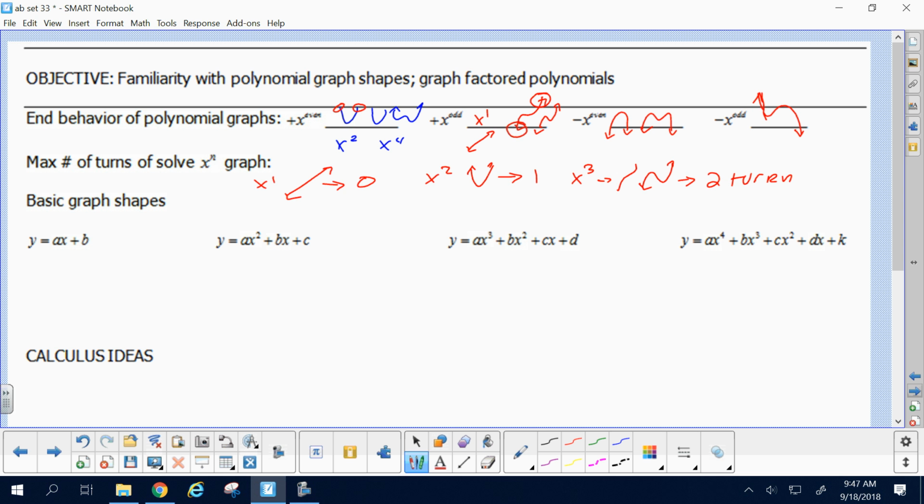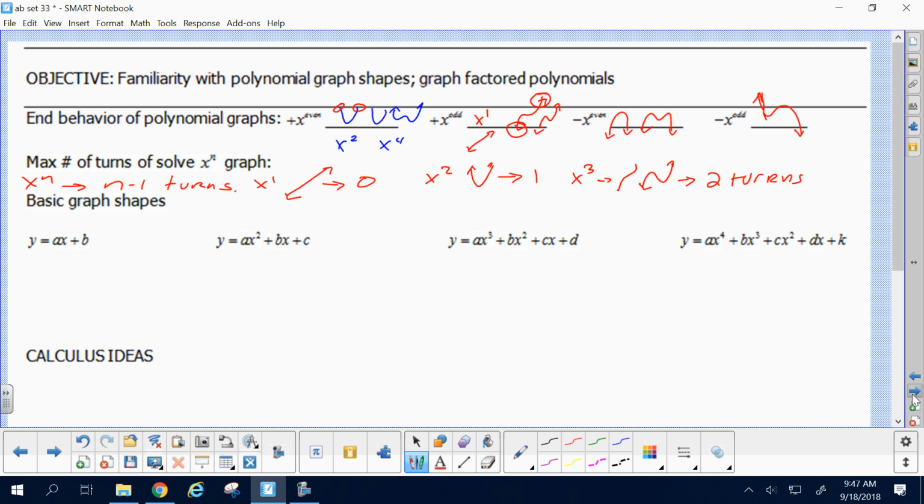So the general rule of thumb is that x to the n has a max number of what turns? N minus 1 max turns. It doesn't have to take them all. It would depend on whether they have other terms there to make it. Okay? Basic graph shapes.